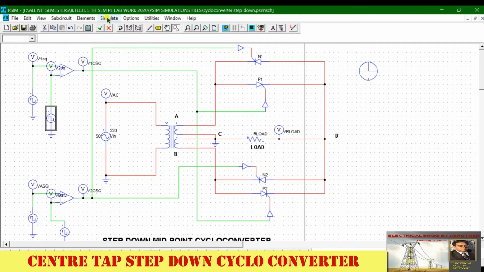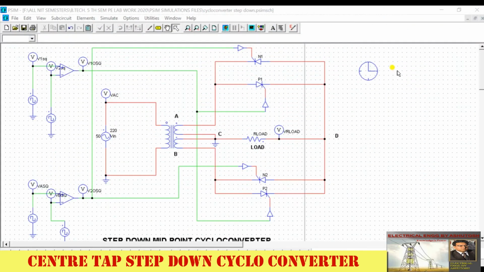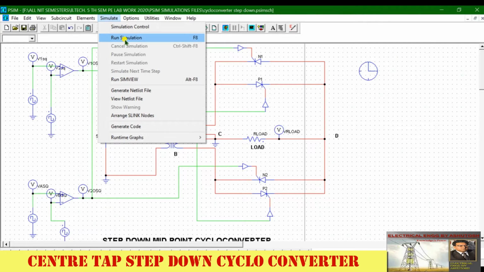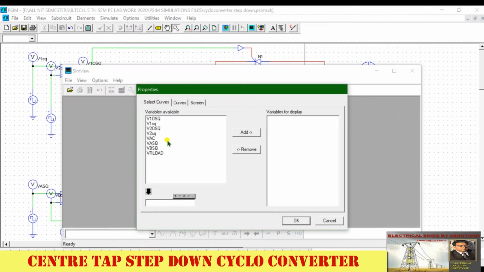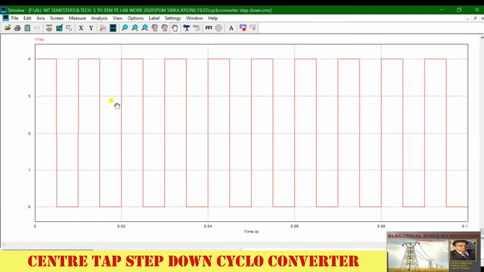So first see the waveforms. Run simulation. Here you can see the waveforms from the simulation. You can see V1 square first, the voltage waveform of this square wave generator, and the frequency set is 100 Hertz.